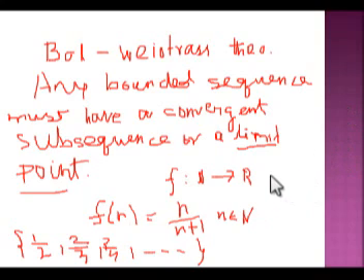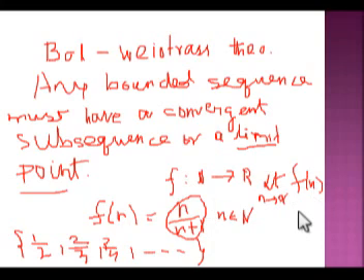Let's see where it converges by taking the limiting value, the limit of f(n) as n tends to infinity. Dividing both the numerator and the denominator by n, it becomes 1 divided by 1 plus 1/n. As n tends to infinity, 1/n goes to 0, so the limiting value is equal to 1.